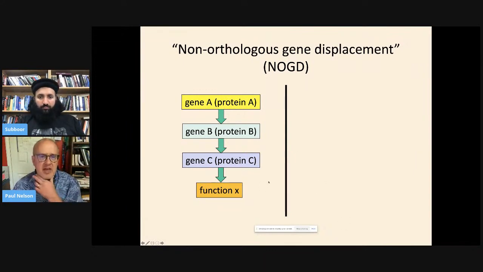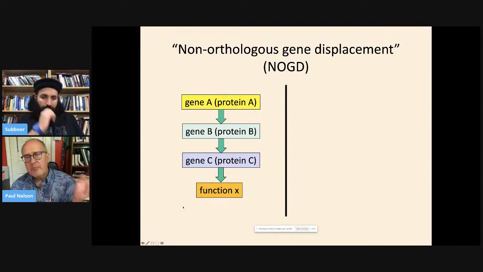So let's say in some microbial bacterial species, we have a particular metabolic pathway for some cellular function that requires genes A, B, and C producing proteins A, B, and C. So we say, well, this is the canonical pathway to enable this particular cellular function.